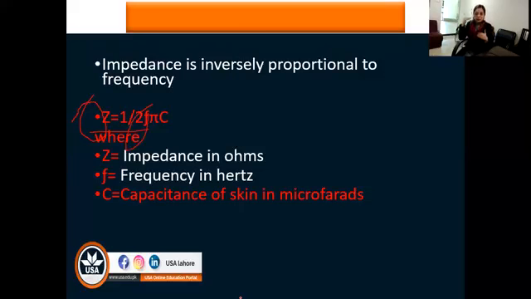If our frequency is low, the resistance is high. Low frequency currents have a low frequency, so they face high resistance because these two things are inversely proportional to each other. While medium frequency currents, which have a higher frequency, face less resistance. This formula also justifies that these two things have an inverse relationship.